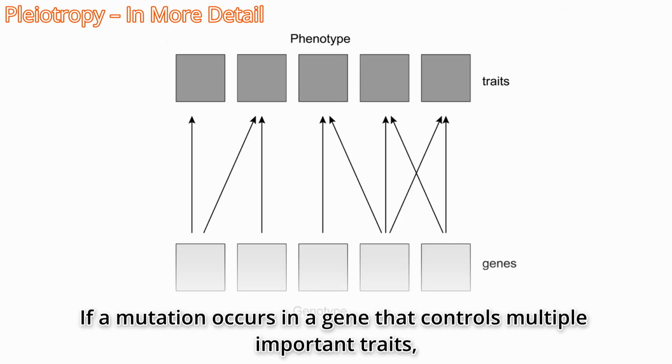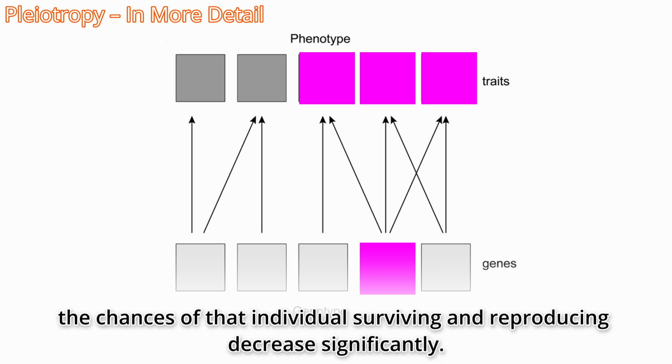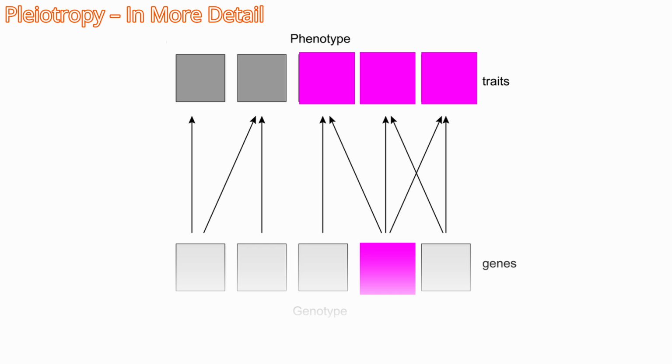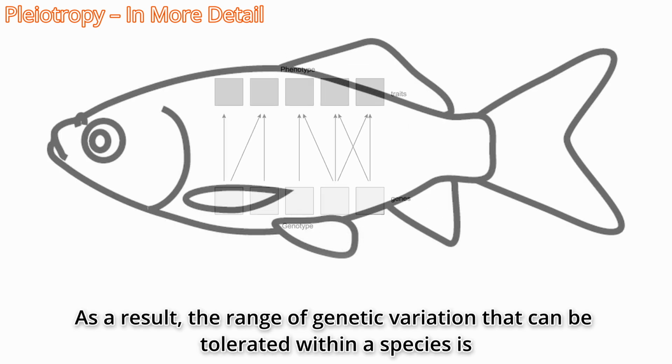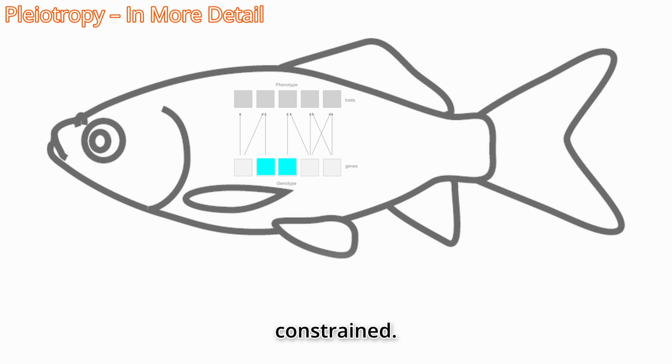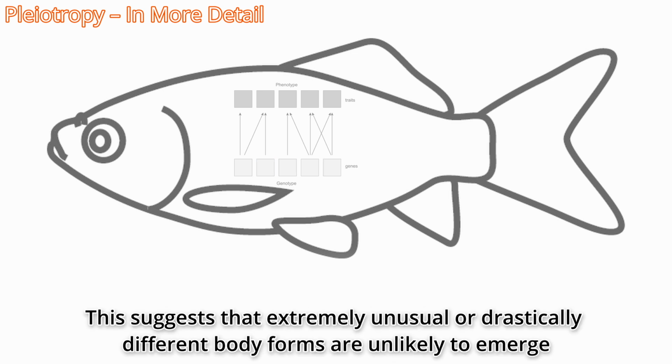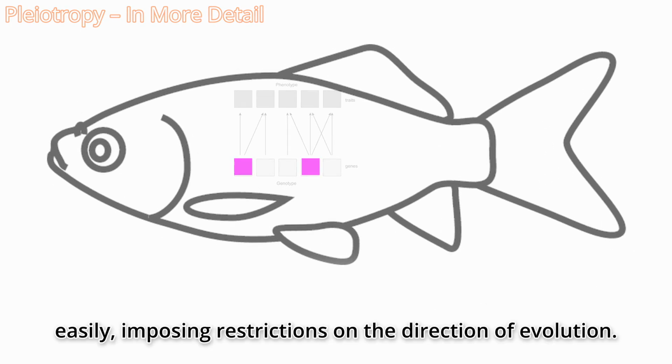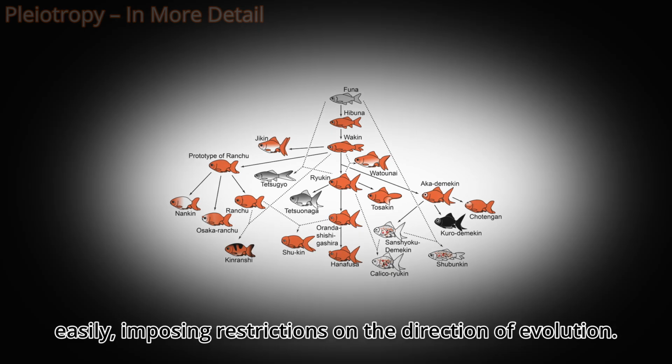If a mutation occurs in a gene that controls multiple important traits, the chances of that individual surviving and reproducing decrease significantly. As a result, the range of genetic variation that can be tolerated within a species is constrained. This suggests that extremely unusual or drastically different body forms are unlikely to emerge easily, imposing restriction on the direction of evolution.